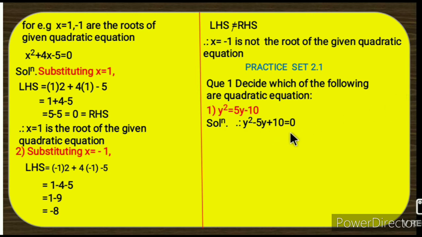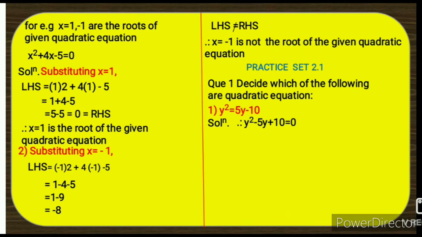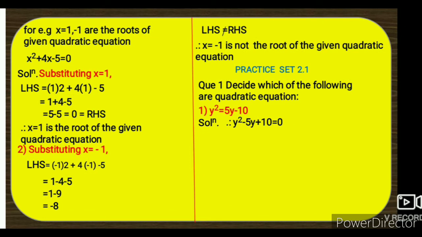In this given equation, it involves one variable, which variable? The y variable, and the maximum index of the variable is 2. Therefore it is a quadratic equation. Also, when we compare the given equation with ay square plus by plus c is equal to 0, we get the value of a is equal to 1, b is equal to minus 5 and c is equal to 10.